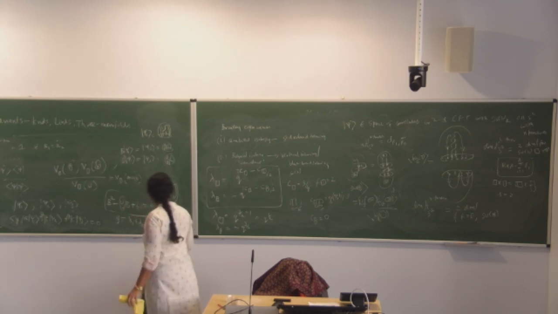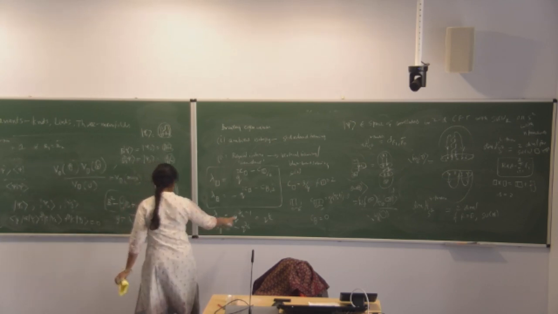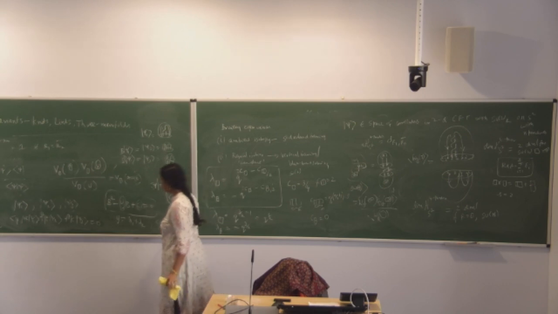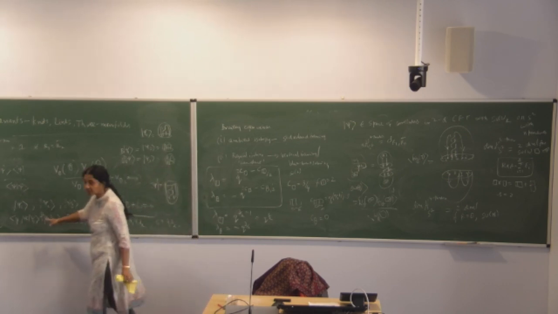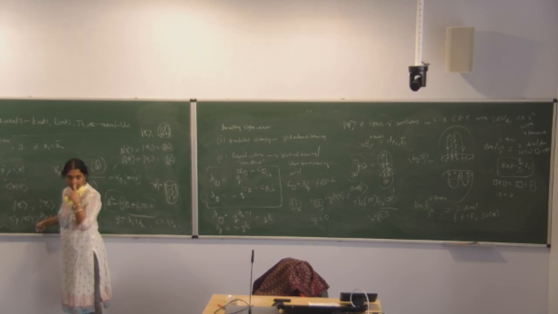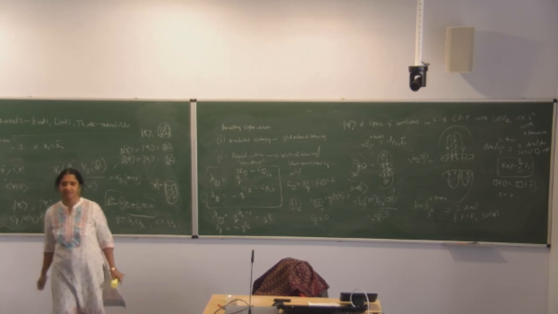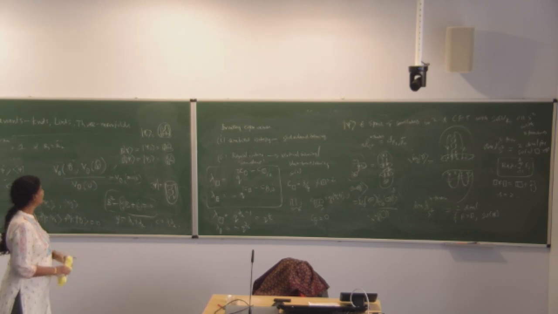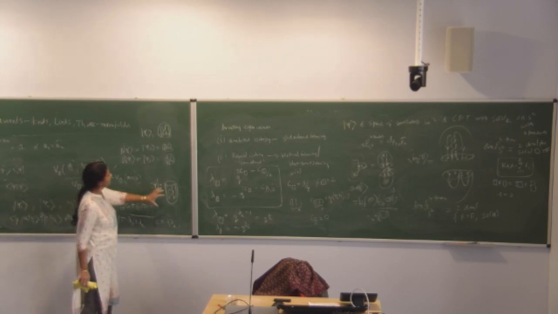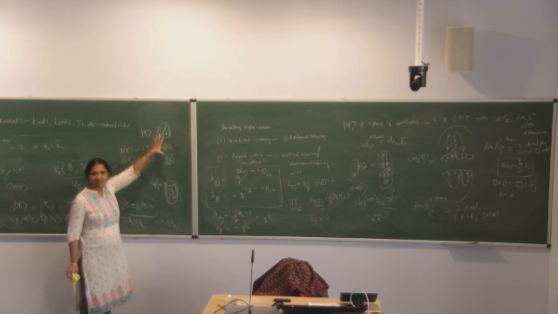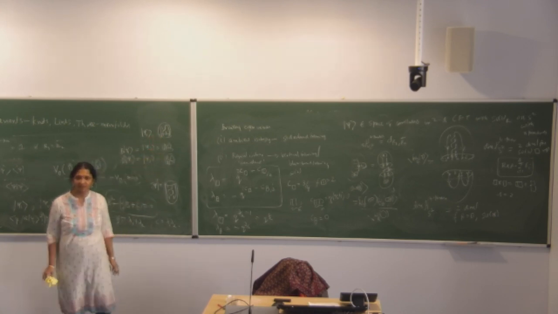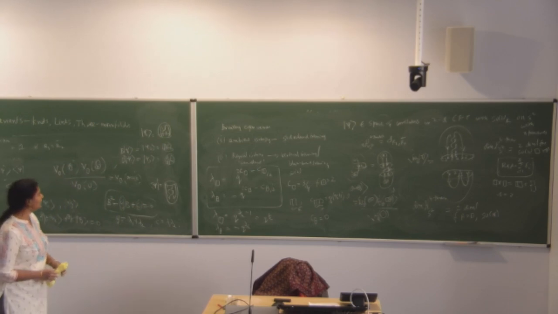So substitute it here, the lambda 1 plus lambda 2 and lambda 1 lambda 2, and compare this equation with this equation, and you will get the skein relation which relates the trefoil to the Hopf link and the unknot.